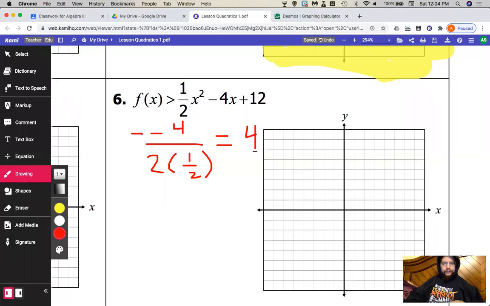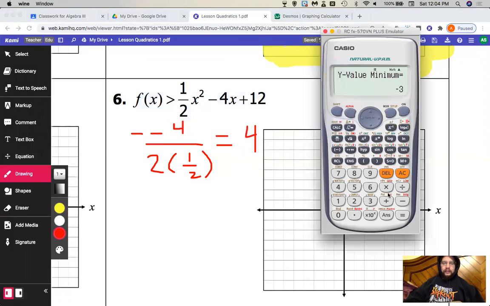So that's 4. I'm just going to plug that in the calculator. So I'm calculating it. Negative 4, 12. Who cares? 4 is our main value.